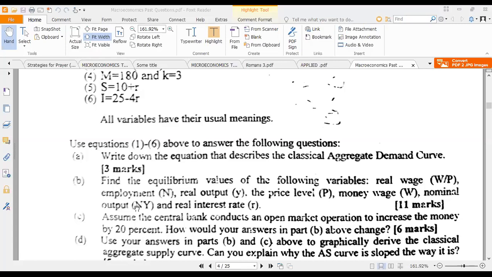Nominal output, N times Y here. I don't know why they give us N times Y. It's normally P times Y, but when we go through the past questions, they normally use NY. So we'll also use NY. We have to find NY and then the real interest rate. So let's go back to the solution.